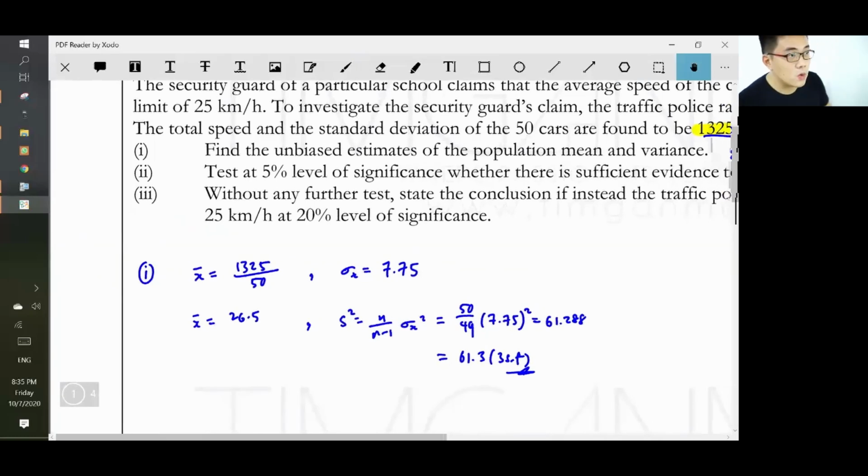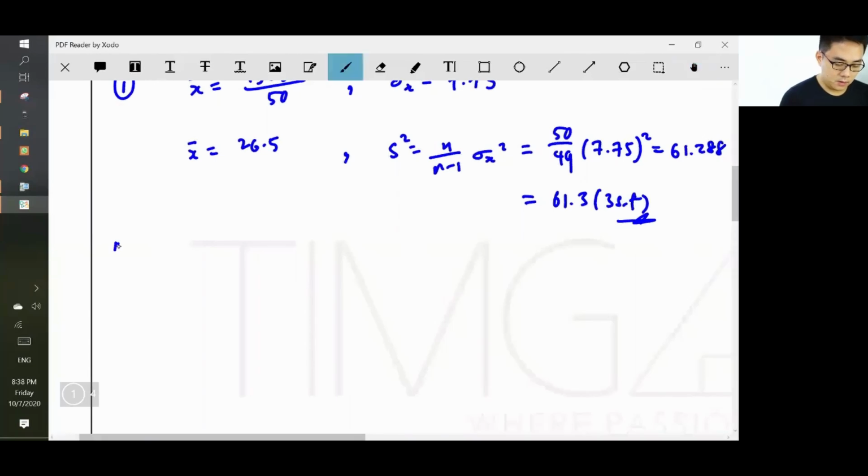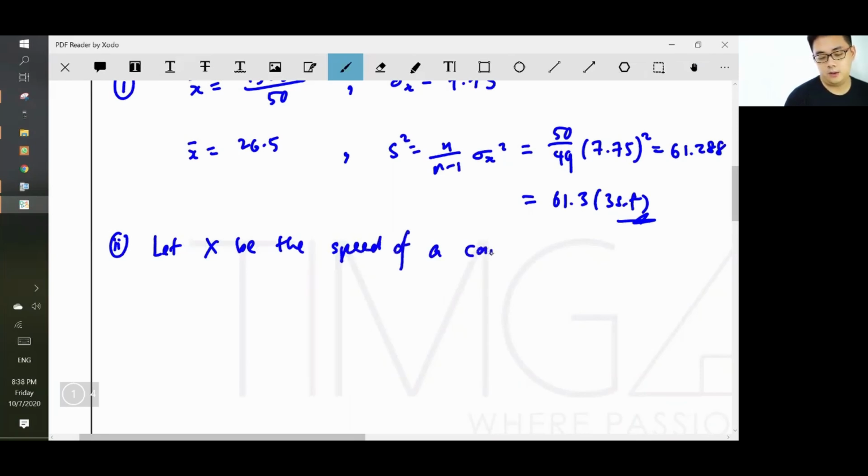Then after that, you are carrying out the test for the security guard. Part 2: let X be the speed of the car in the school compound.